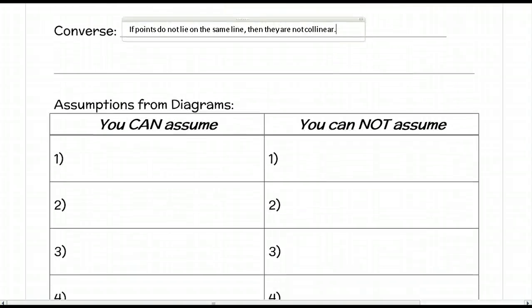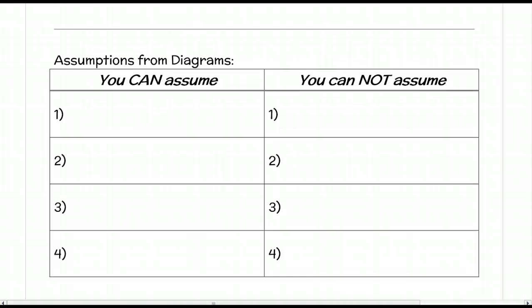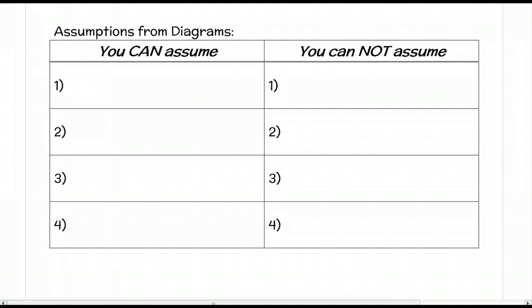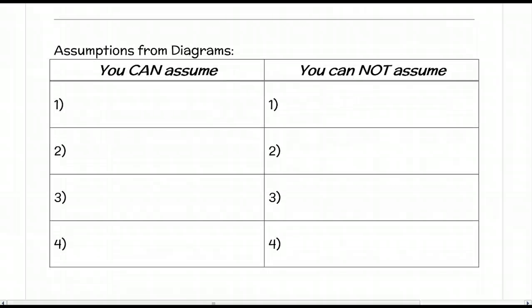Now, this next section is going to be very, very important for us throughout the entire year. We're going to look at diagrams throughout the year, and there are certain things that we can assume just from looking at the pictures, and there are certain things that we cannot assume by looking at the pictures, and it's going to be, again, very important that you understand which of these you can assume and which of these you cannot assume.